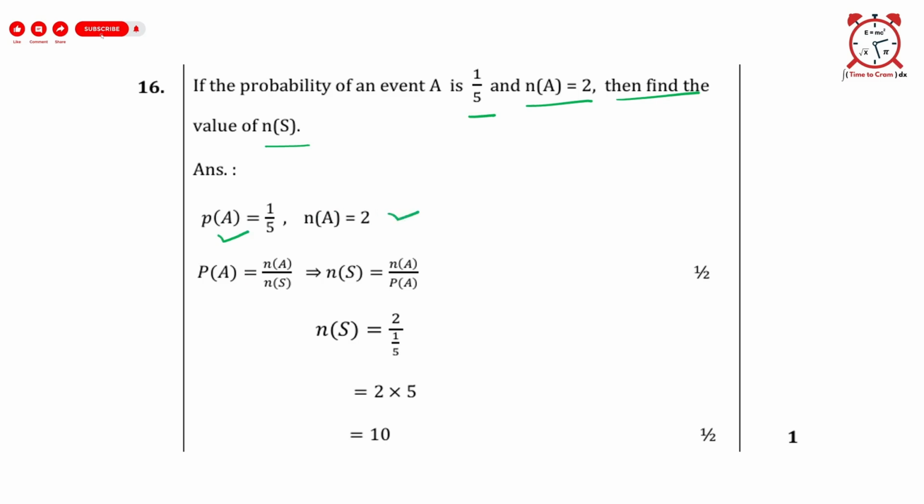We will use the formula P(A) equal to Na by Ns. Now cross multiplication, Ns we will take here and P(A) will go here. We will keep both the values here. After the simplification, the answer is 10. So total number of outcomes Ns equal to 10.